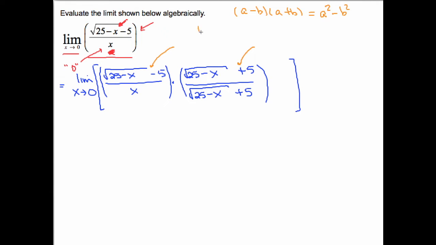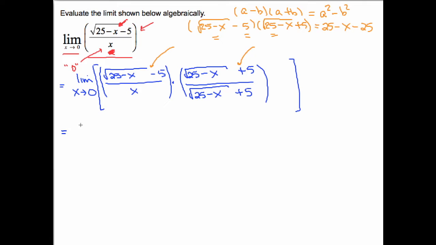Are you seeing the square root of 25 minus x minus 5 times the square root of 25 minus x plus 5 as being equal to the first term squared, which is 25 minus x, minus the second term squared, 25?